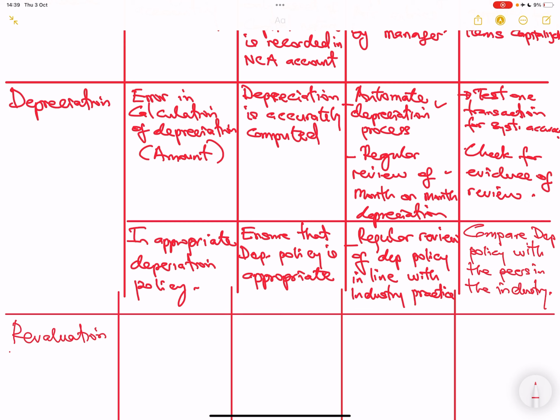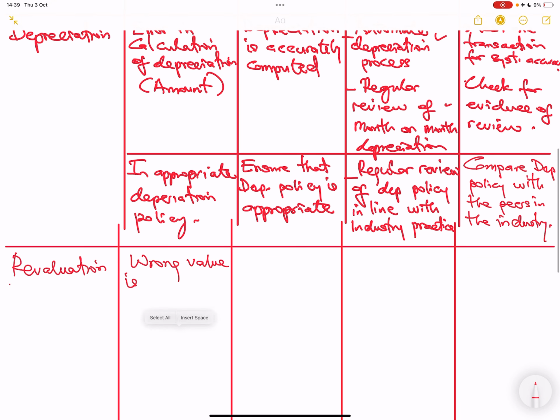What could go wrong is that the wrong value is attached to the asset. An asset that is worth 30 million, they put 35 million, 40 million, 60 million. That's overvaluation, which is most likely the risk, right?